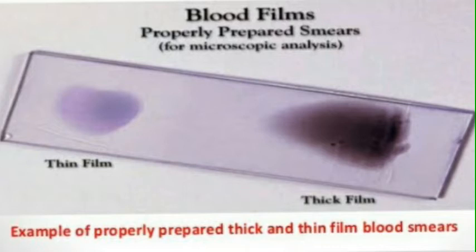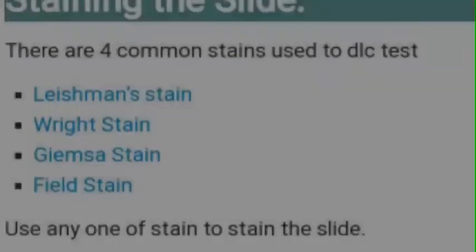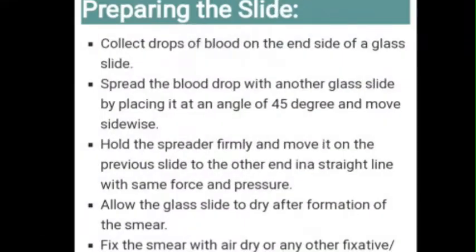There are a few stains used: Leishman stain, Wright stain, Giemsa stain, and field stain. For preparing the slide, collect a drop of blood on the end side of a glass slide, and spread the blood drop with another glass slide by placing it at an angle of 45 degrees and moving sidewise.